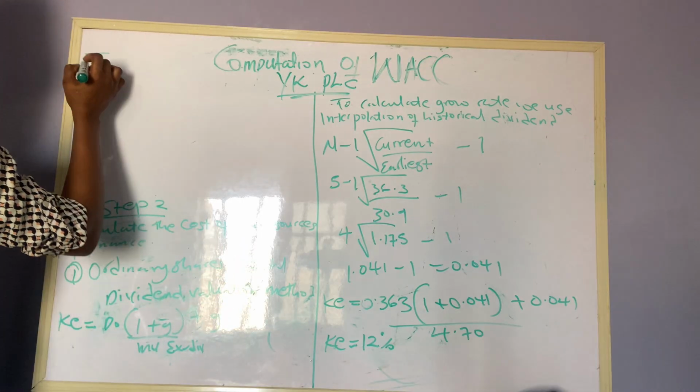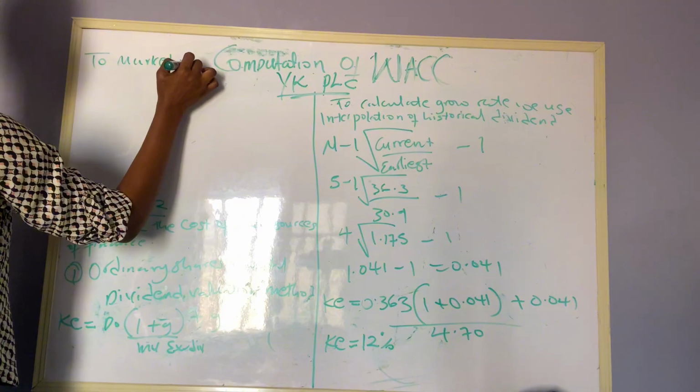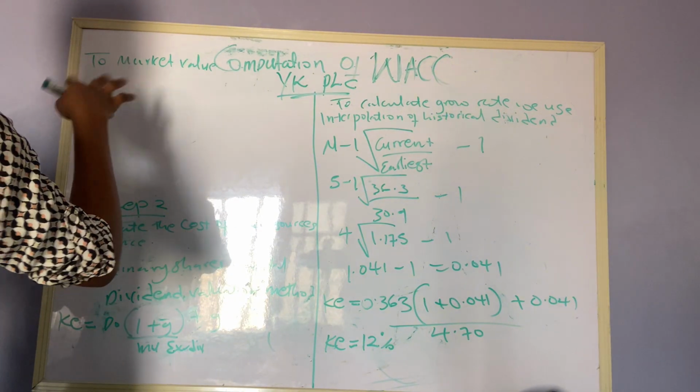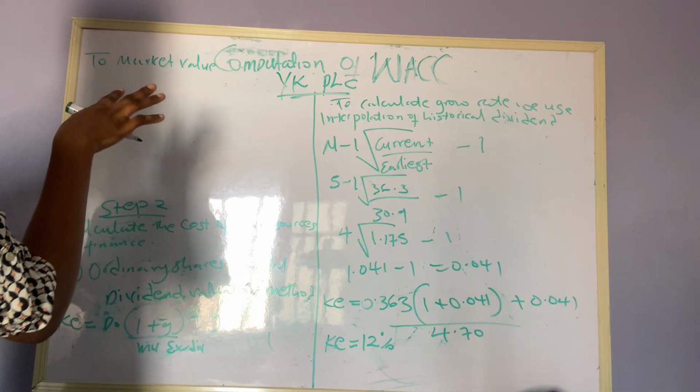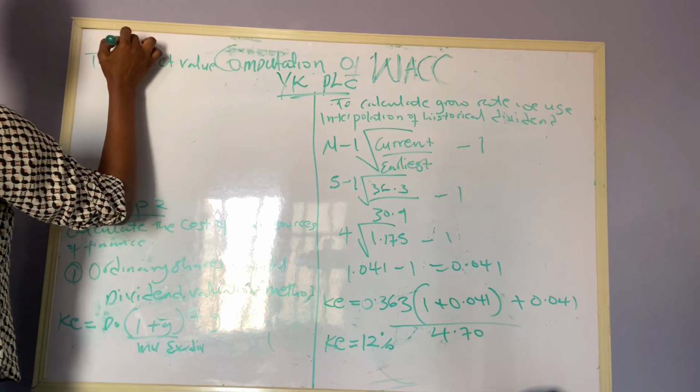So to conclude, total market value, right? This is like step 3 now, for cost of equity, you understand? So total market value, let's say step 3.